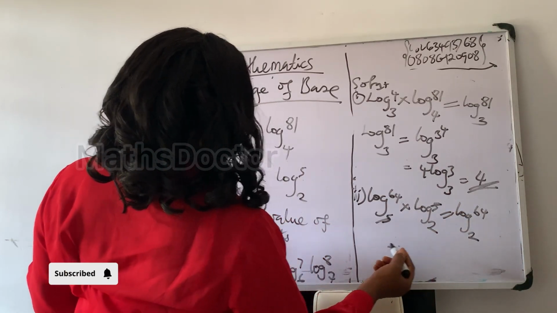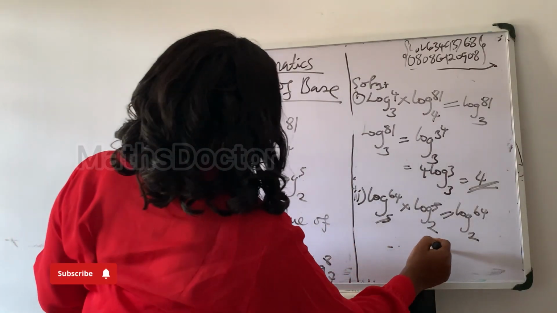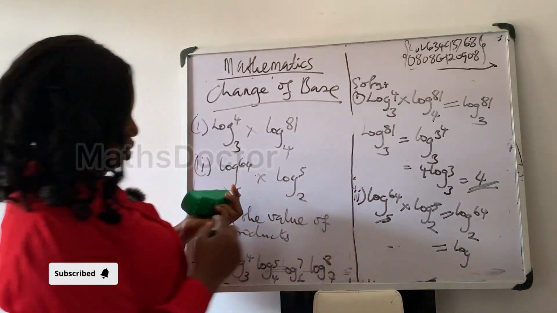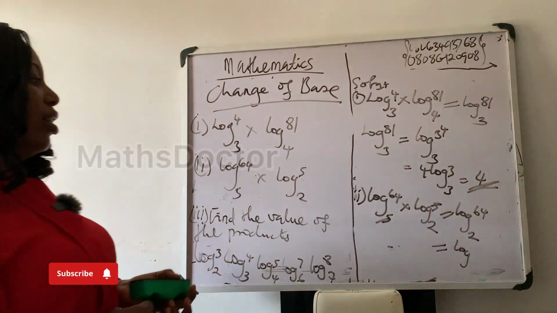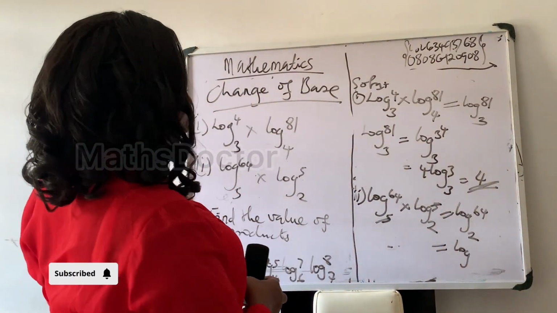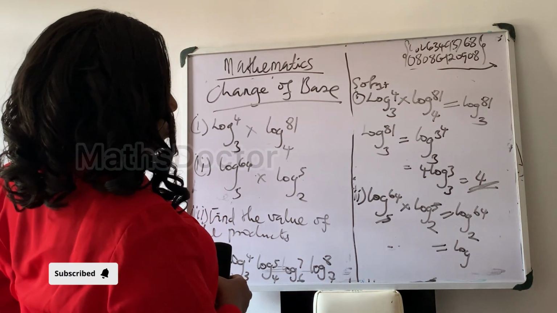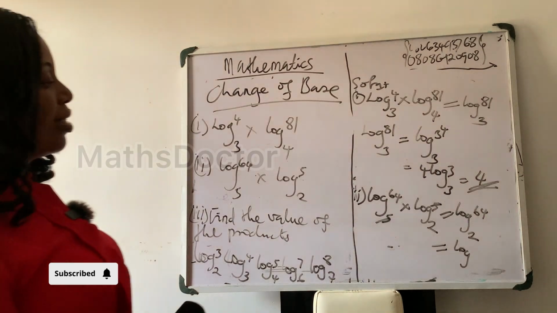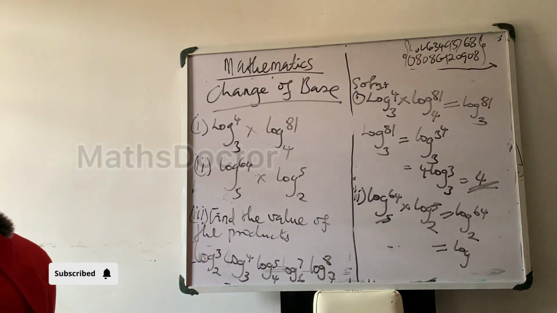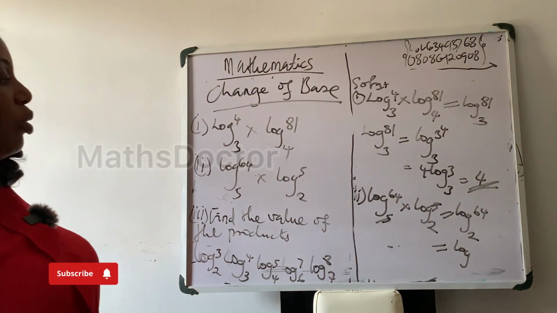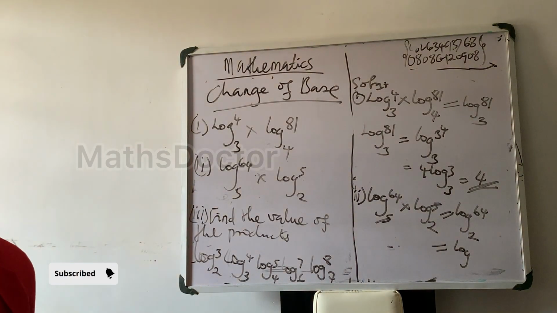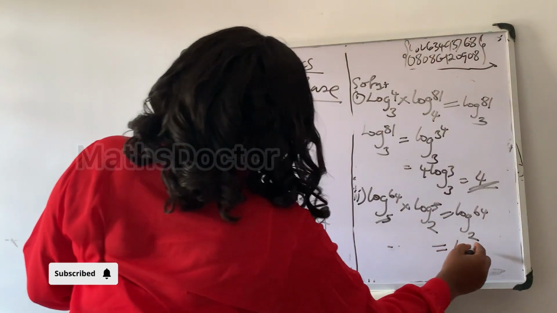How many times is 2 going to multiply itself to give us 64? 2 times 2 is 4, 4 times another 2 is 8, 8 times another 2 is 16, and 2 multiplying itself to give us 64 is simply 6 times.